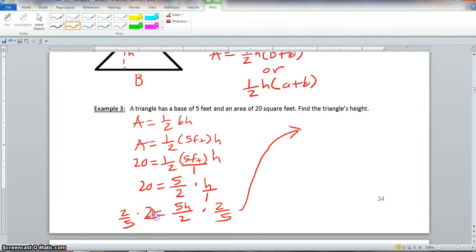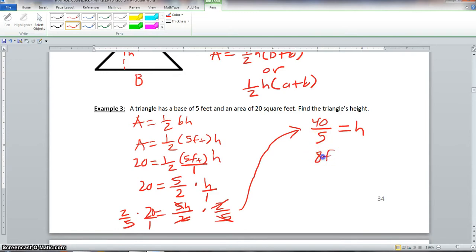Now we could put this 20 over 1. 2 times 20 is 40. And 5 times 1 is 5. And it equals h. These 5's will simplify out, and these 2's will simplify out. And you will have h. 40 divided by 5 is 8.